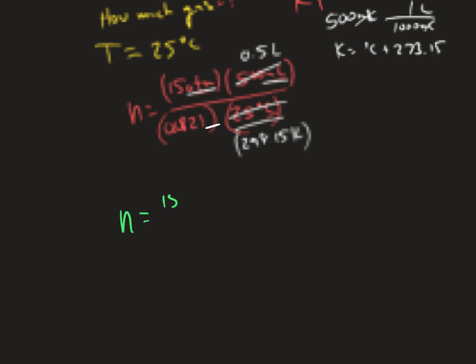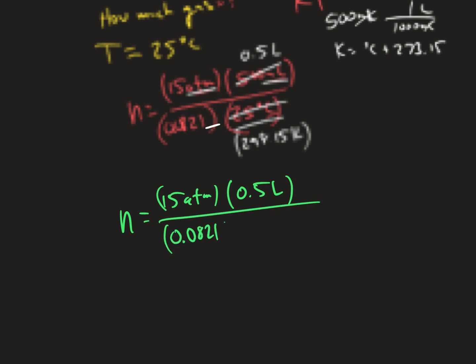N is equal to 15 atm multiply 0.5 liters all over 0.0821 atm liters per mole Kelvin multiply 298.15 Kelvin. Atm cancels with that atm, liters cancels with that liter, Kelvin with that Kelvin, we're left with moles. Everything's great.